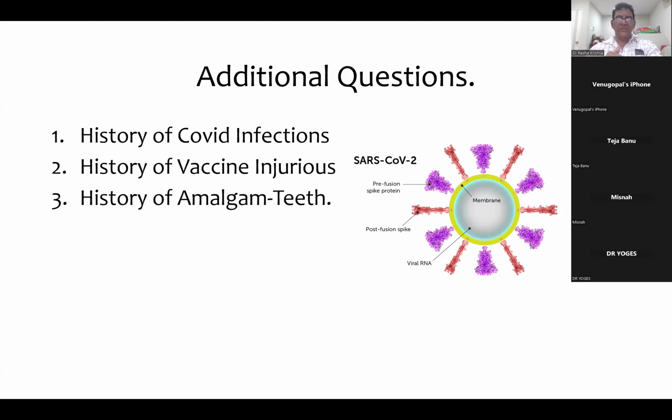Then we also need to ask about vaccine injuries. Vaccine injuries are another cause of tendonitis. Then we have to ask whether they had amalgam, and some of the older people will tell you, there's no more amalgam, doctor, it has fallen off, but still there's mercury in the body, it has not been eliminated. Okay, these are some of the additional questions we need to be aware of in the current setting.